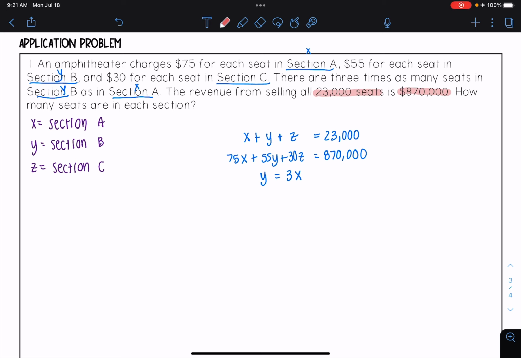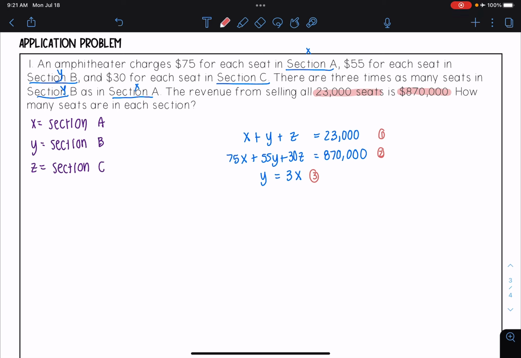So to solve this one, what I can do is I can go ahead and substitute in my value of Y into one of these equations, or into both, so that these 2 equations, 1 and 2, can be in 2 variables. So I'm going to go ahead and substitute it into both.